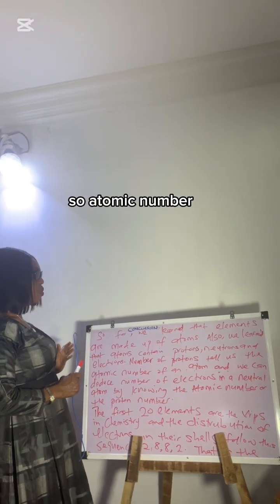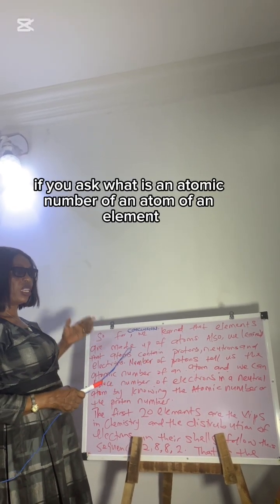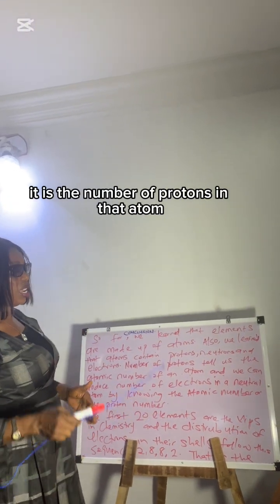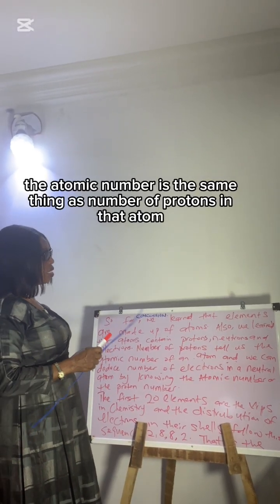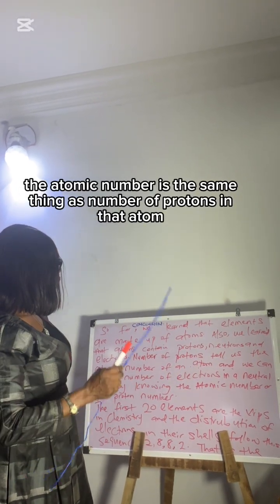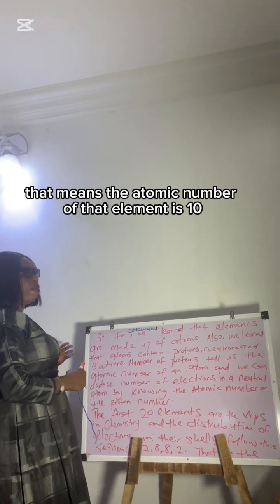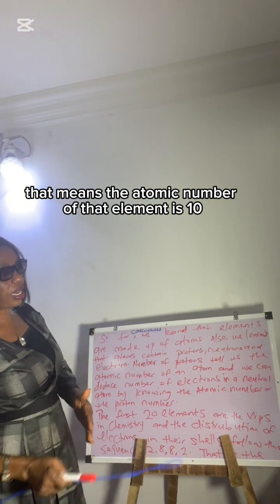If they ask what is an atomic number of an element, it is the number of protons in that atom. The atomic number is the same thing as the number of protons in that atom. If the proton number is 10, that means the atomic number of that element is 10.